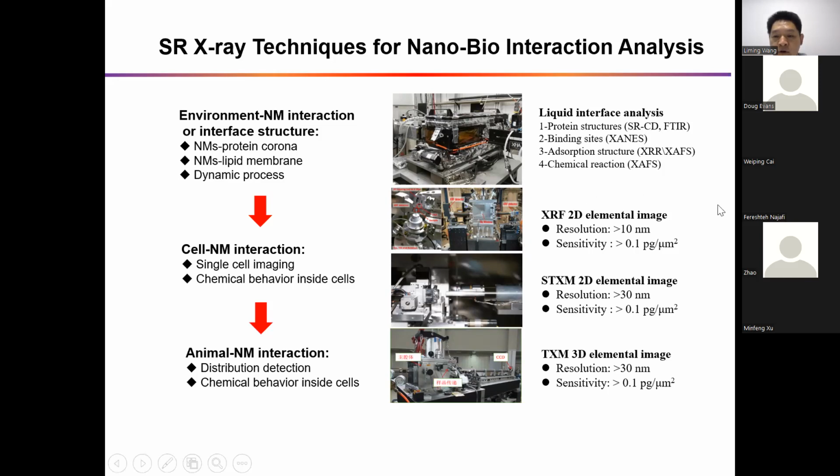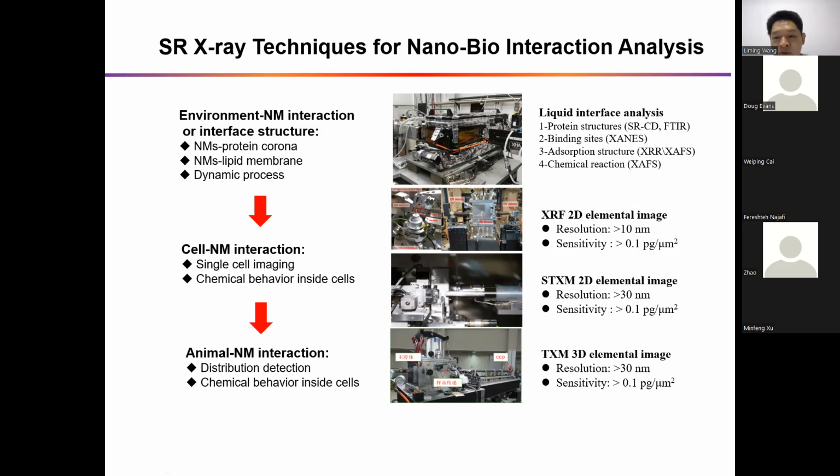Another is imaging techniques. Imaging techniques can detect the in situ chemical reactions of nanomaterials. For example, we can use X-ray fluorescence. This method can use 2D scanning for element imaging. It can achieve high resolution and has high sensitivity to detect the elements inside cells or tissues.